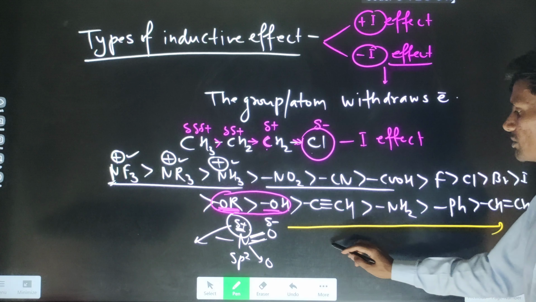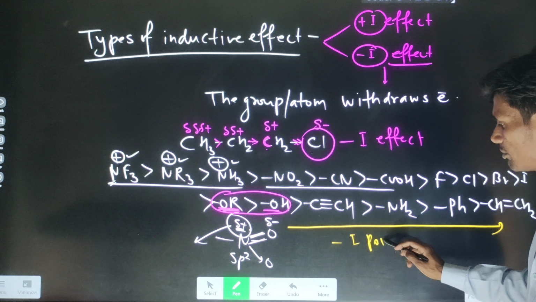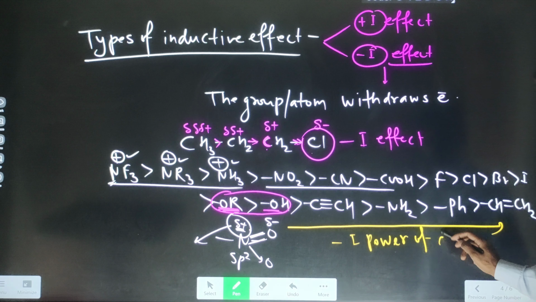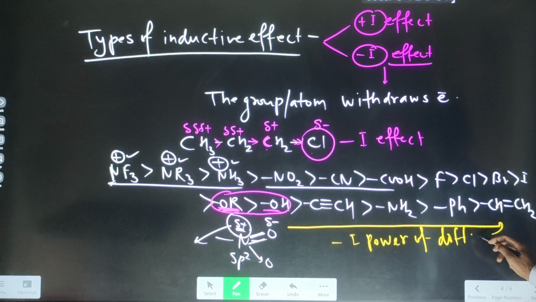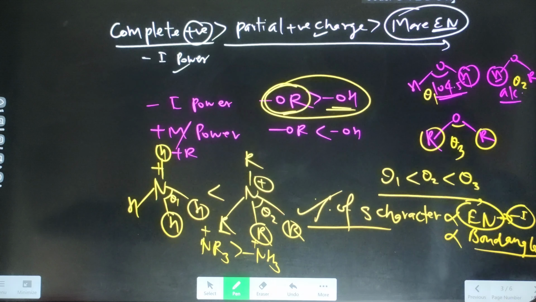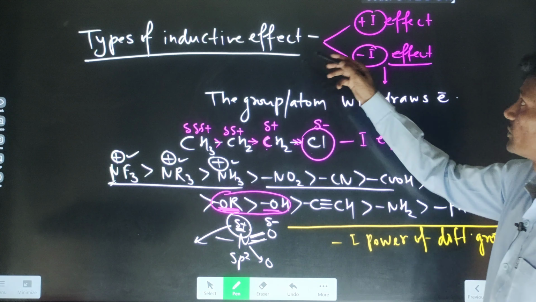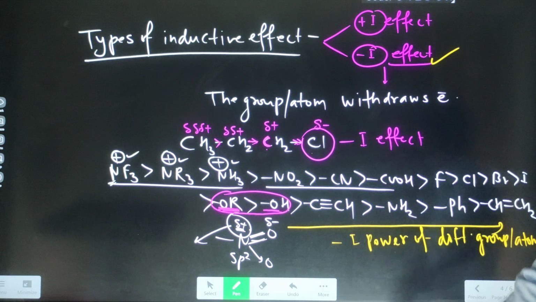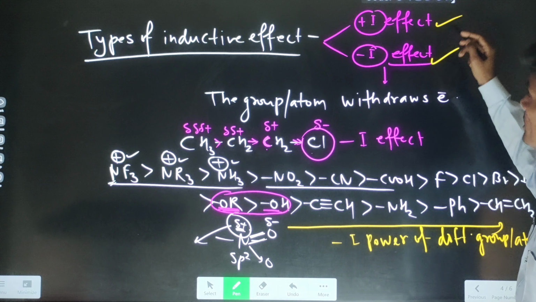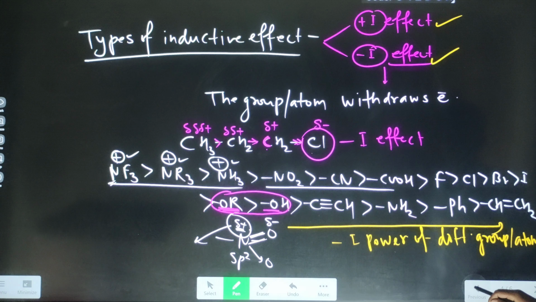This is the minus I power of different groups or atoms. Then moving on, we know that inductive effect is of two types. We have discussed minus I power, and similarly we also have to discuss plus I effect.